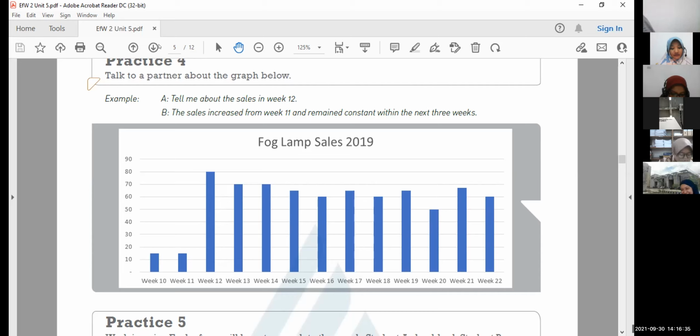And how about the sales in week 11 until 12, Miss Ayu? The sales from week 11 until week 12 rise. I think it reaches a peak in the sales.